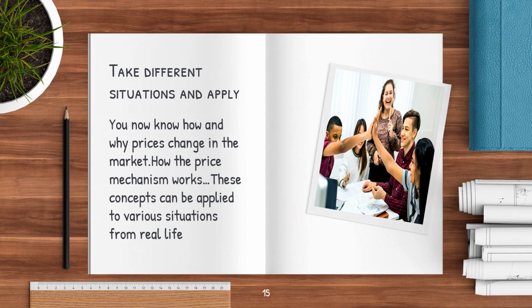You will notice, if you draw the diagram quickly, that the price rises and the quantity demanded and supplied also will respond to this rise in price, supply being constant. So you see, you can adapt and apply these learned concepts to any situation from real life and even predict economic behavior.